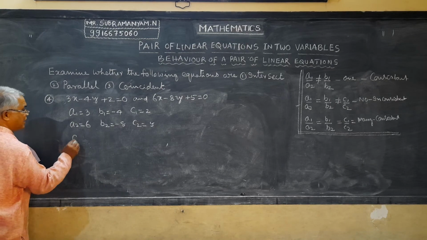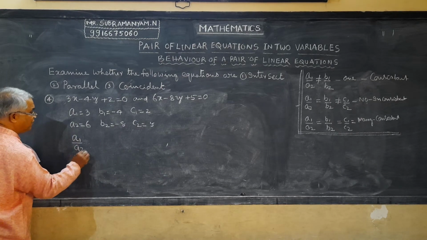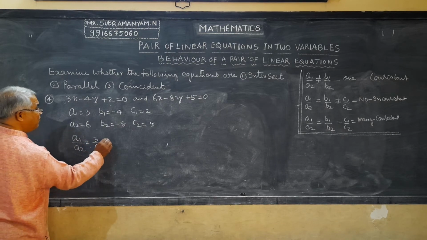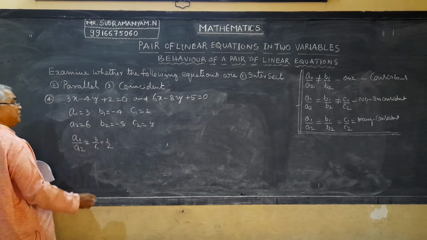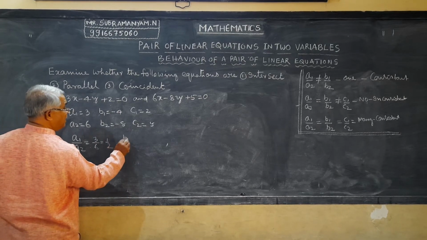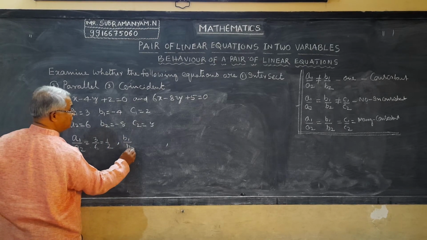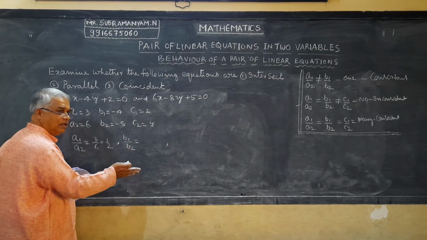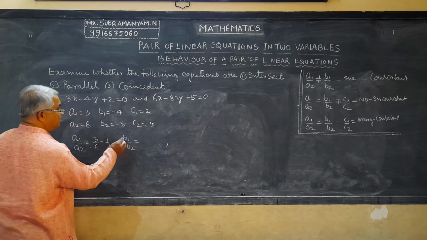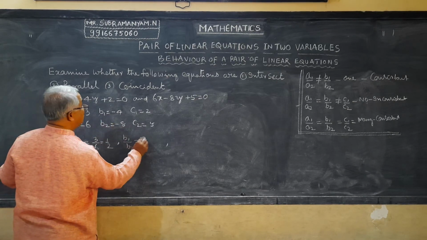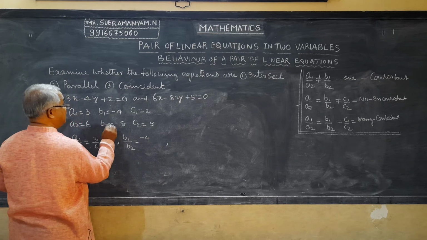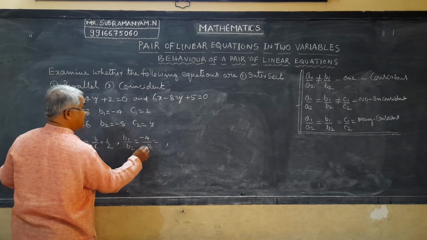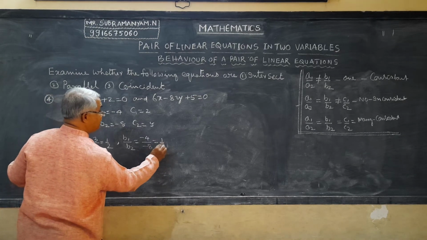Now A1 by A2 equal to 3 by 6. You can simplify, we get 1 by 2. Now B1 by B2. If B1 by B2 is not equal, then we stop there. B1 value is minus 4, B2 value is minus 8. Minus divided by minus is plus, 1 by 2.